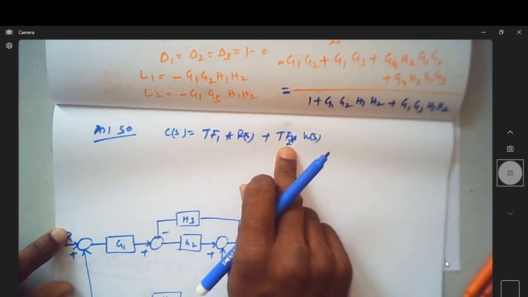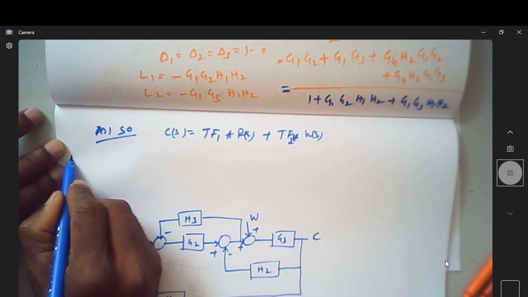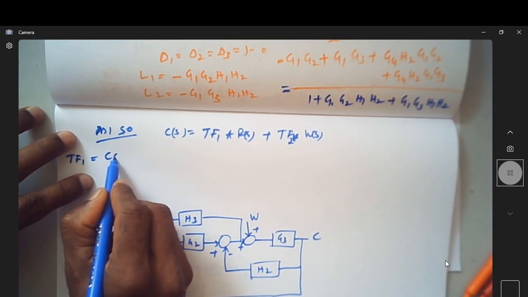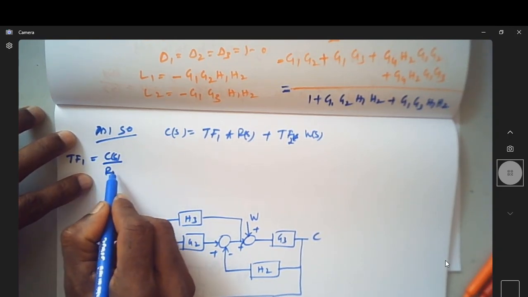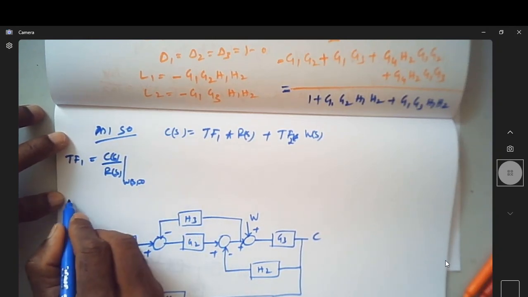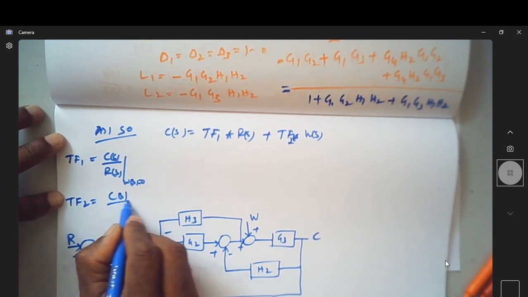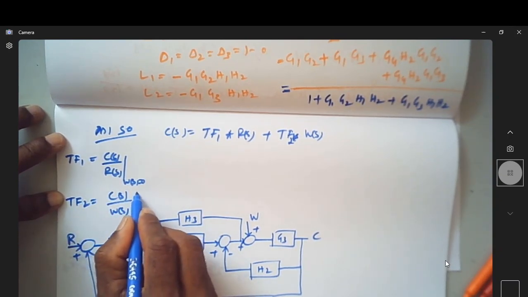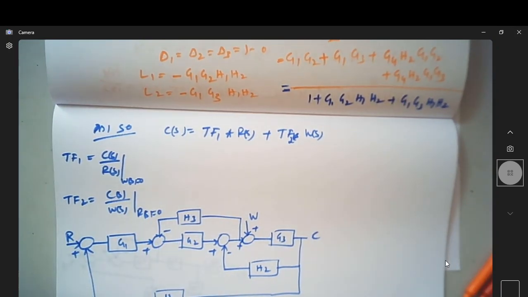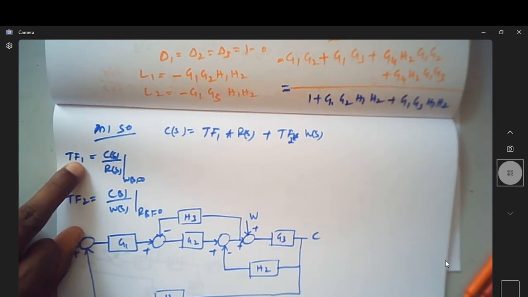I'll have a different transfer function TF2. Now it is necessary to find TF1, which is nothing but C(s) by R(s) provided W(s) is 0. Similarly, the second transfer function is C(s) by W(s) with R(s) as 0. So let us try to find TF1, the first transfer function.